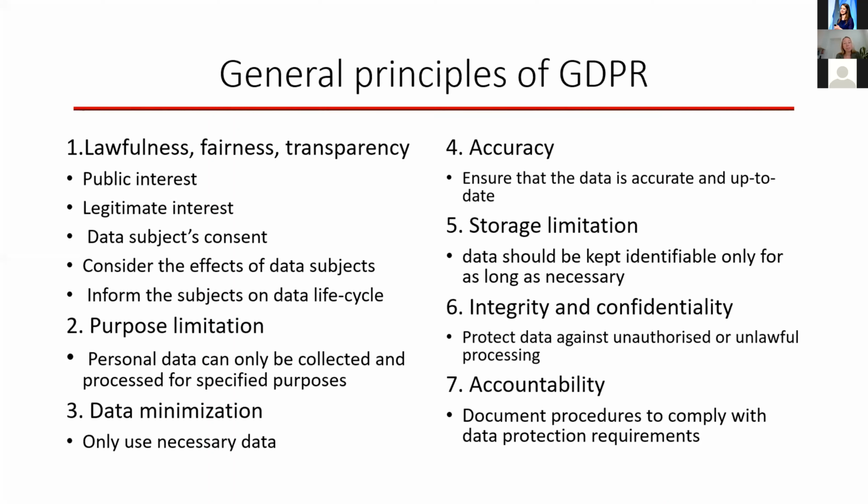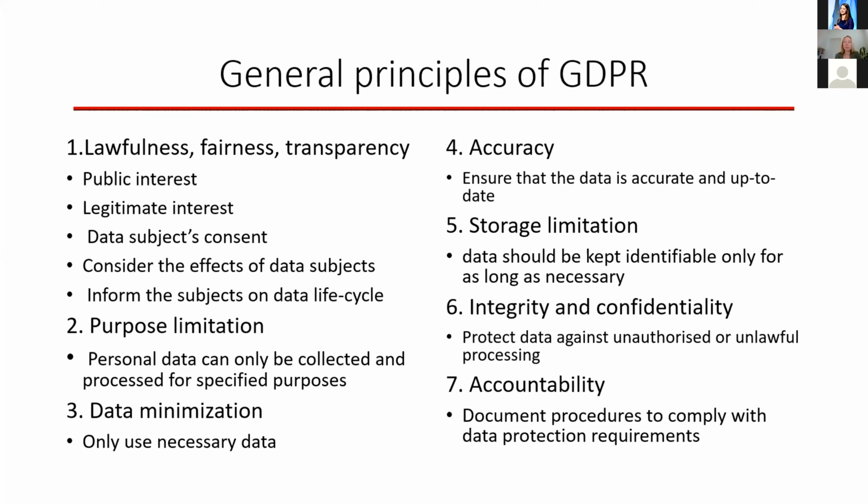Second is purpose limitation. Personal data can only be collected and processed for specific purposes. Data minimization means that you should only use necessary data. Do not process unnecessary data or data that could be avoided.